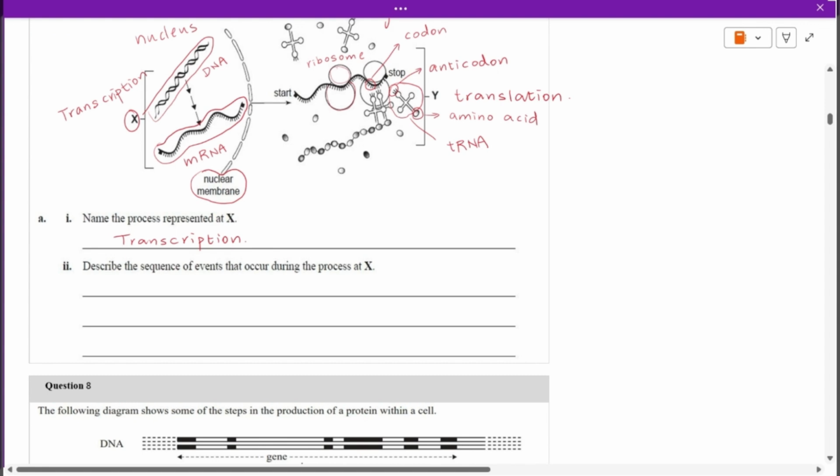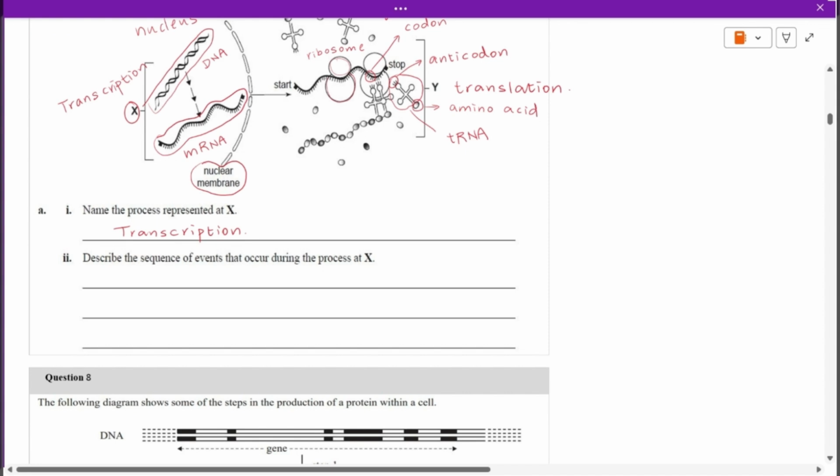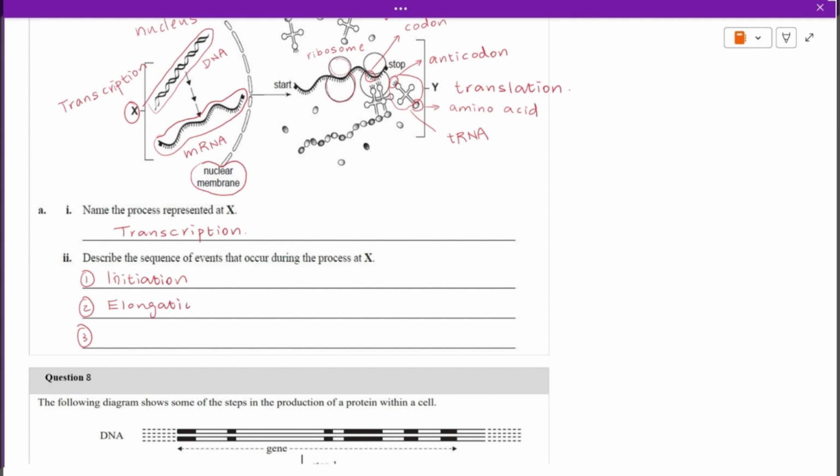Question 2, describe the sequence of events that occurs during the process at X. Given that X is transcription, there are 3 steps involved in transcription, which are initiation, elongation, and termination. Okay, I'm not going to give you the answer straight away, but instead I'll put in a few keywords. Please give this question a try and include the keywords I've listed here.